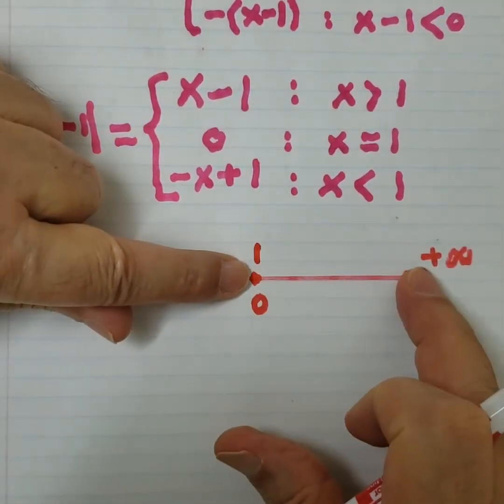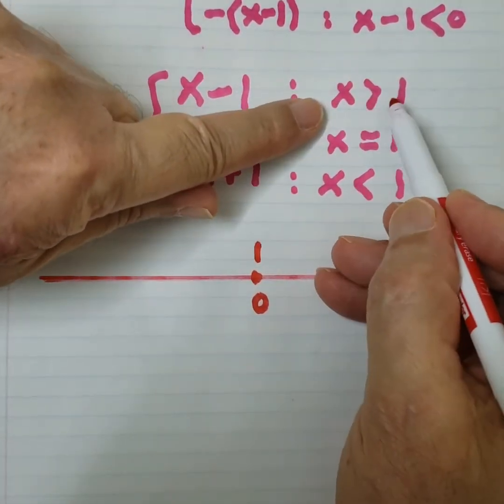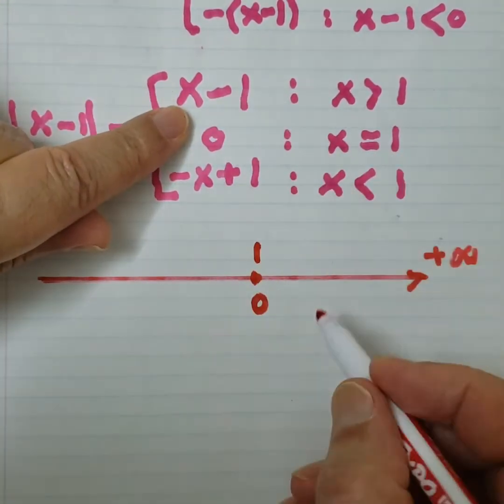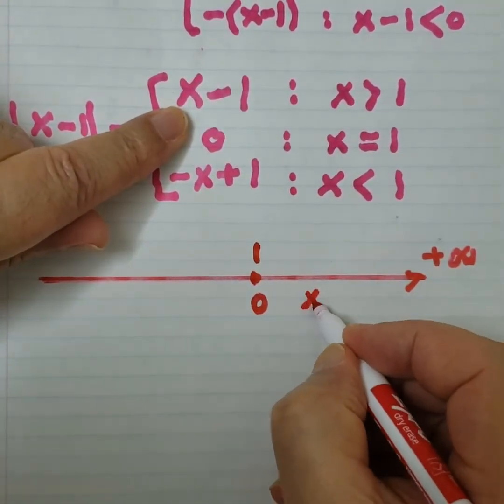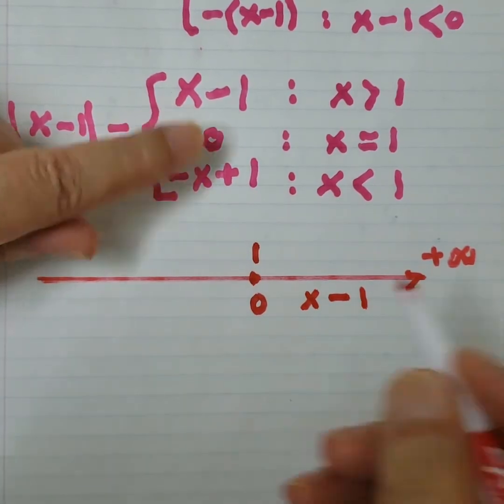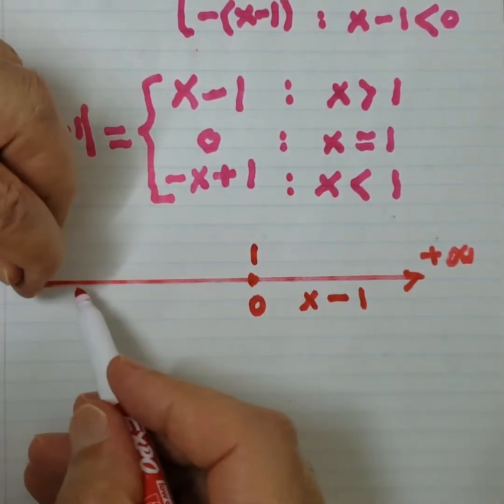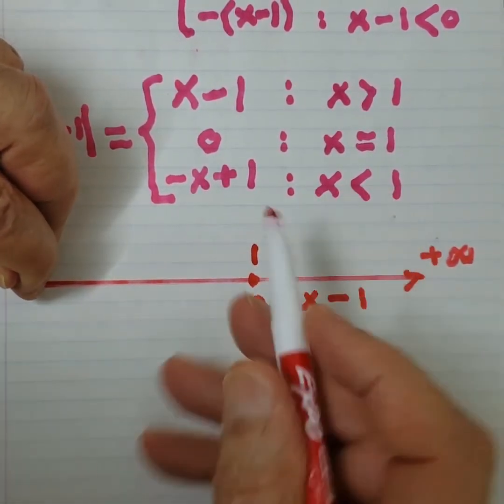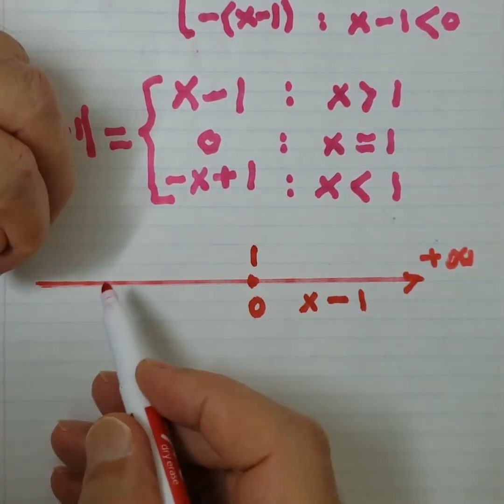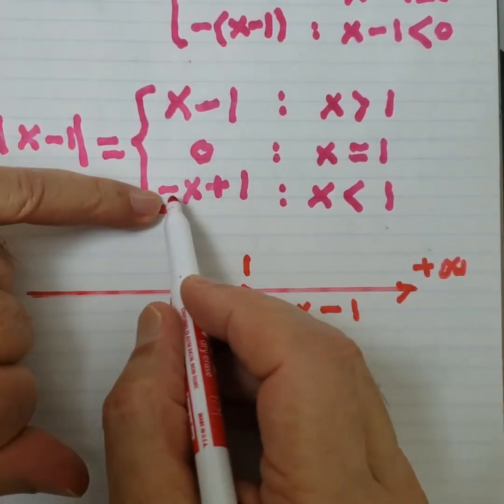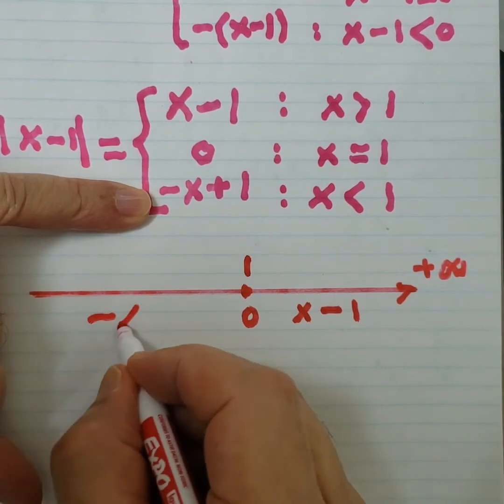After 1, when x is greater than 1, the rule is x minus 1. When x is less than 1, on the other side of 1, the absolute value is minus x plus 1.